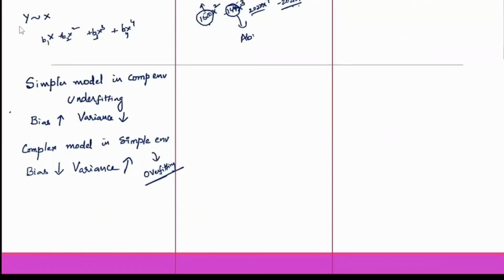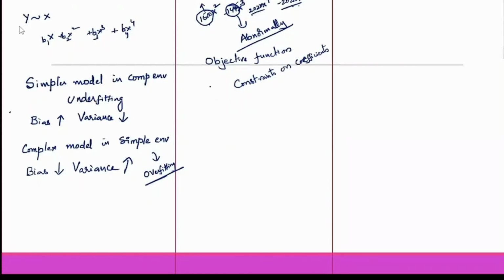Now, that is the reason this regularization, what it is aiming is, in your objective function itself, it is putting some kind of constraints on the coefficient. Regularization is actually putting an additional criteria in your objective function itself.